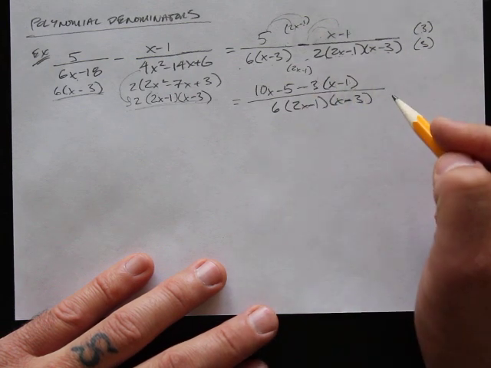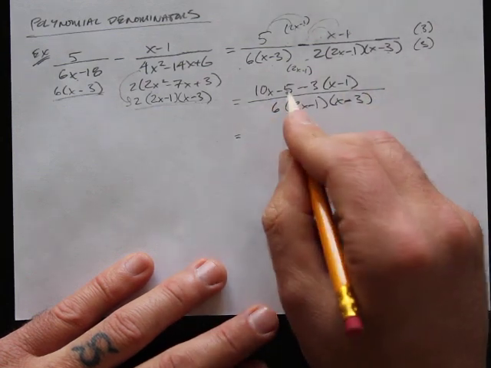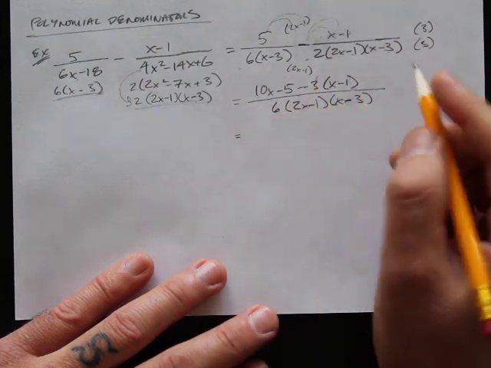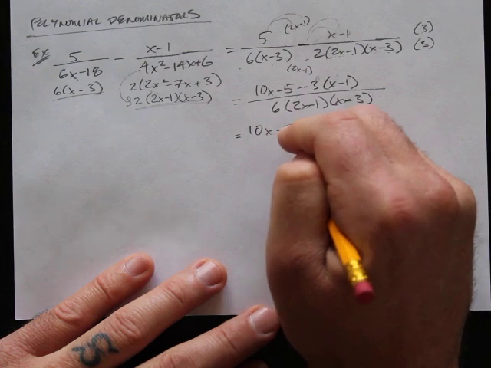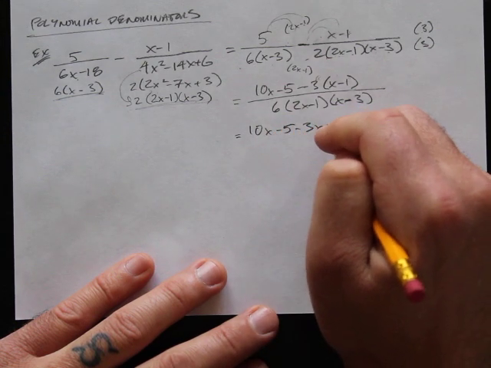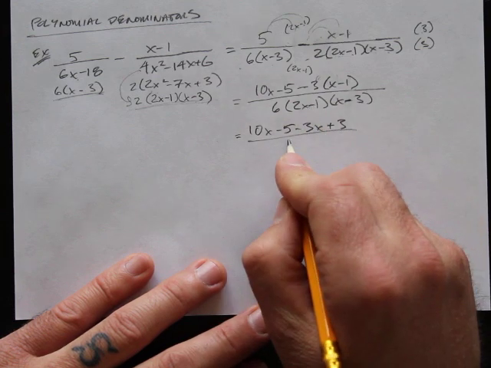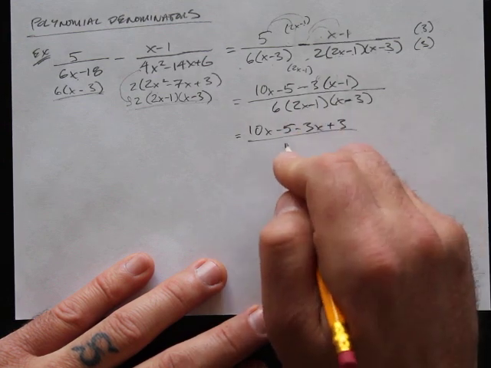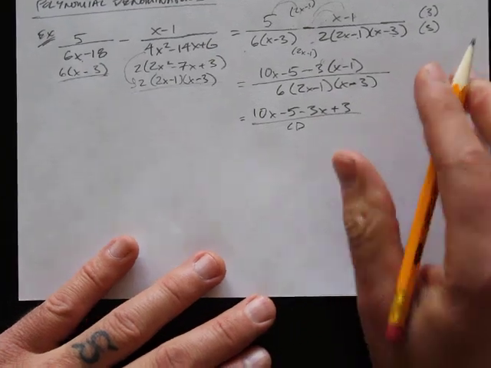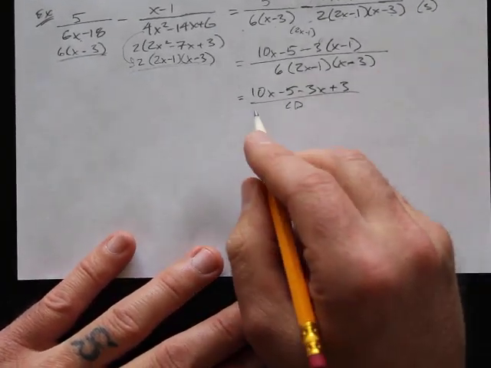Let's get this negative 3 in there: 10x minus 5 minus 3x plus 3, all over my common denominator. I'm just going to write common denominator for now because I want to work on the numerator a little bit more.